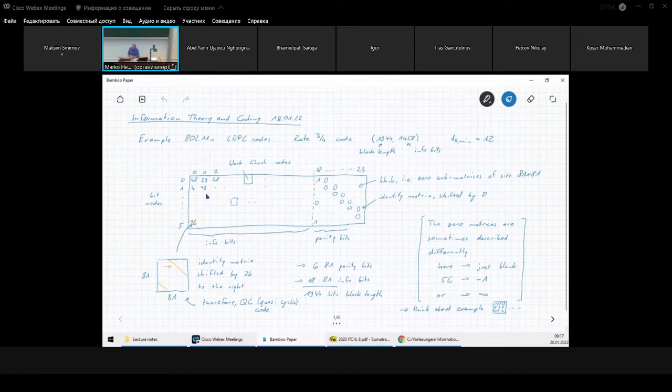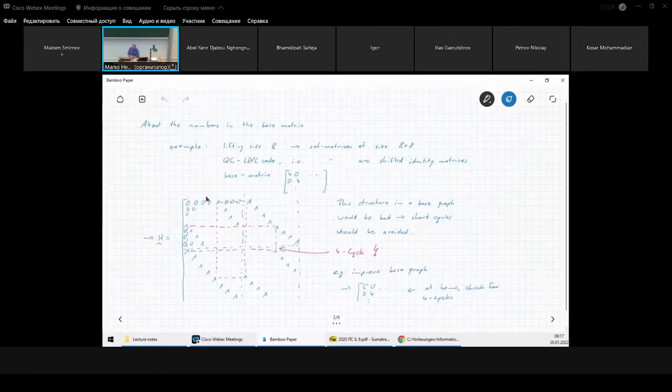And of course, we have seen that these numbers are related to how this parity check matrix looks. We have here the identity matrices put in here, shifted by 4. Then one more shifted by 0. Here another one shifted by 0 and another one shifted by 4.